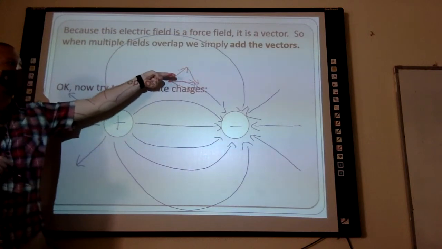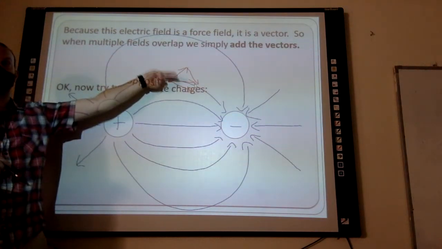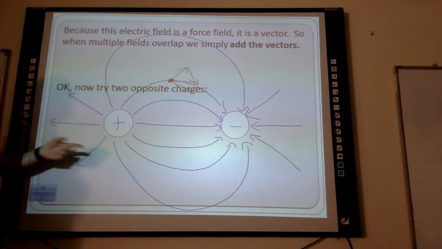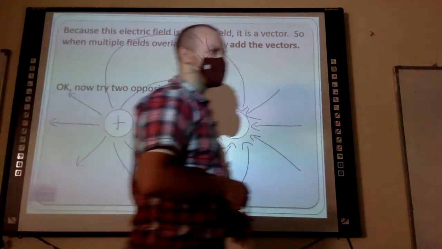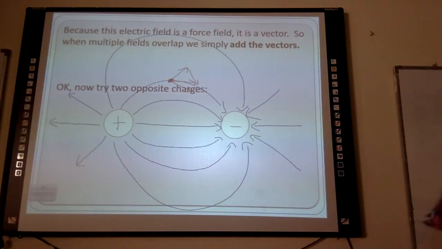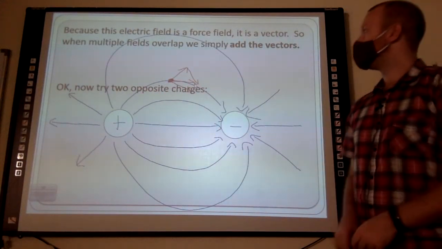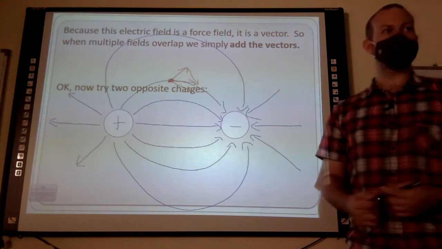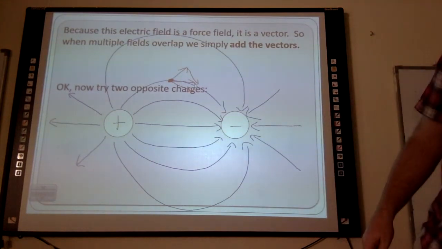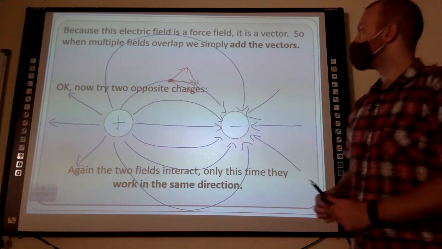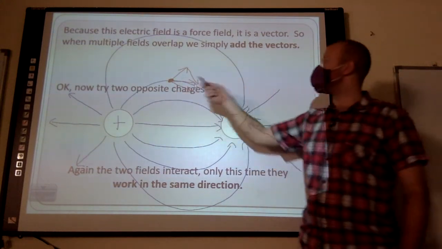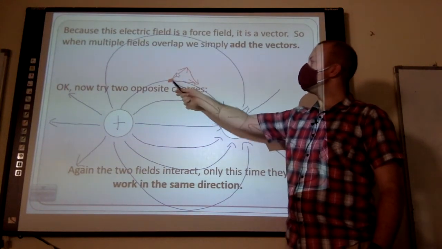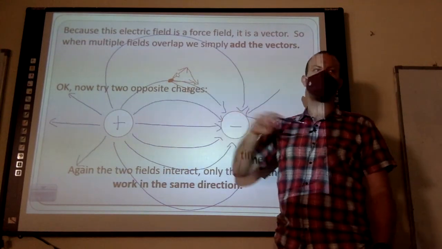I can do that at any point on here, and you'll get that same thing. So just as an aside, that's how they got those: you're simply adding those vectors. So this would be the total, the horizontal one. If I take this vector plus this one, it'll add up to that horizontal field that we get at this point.